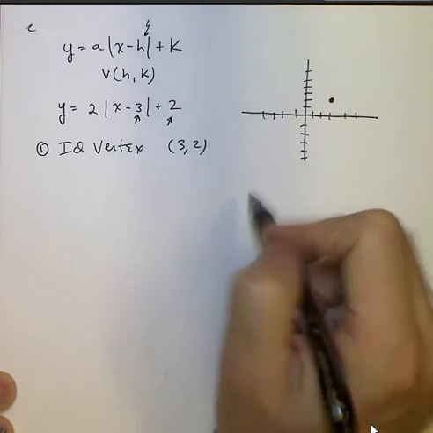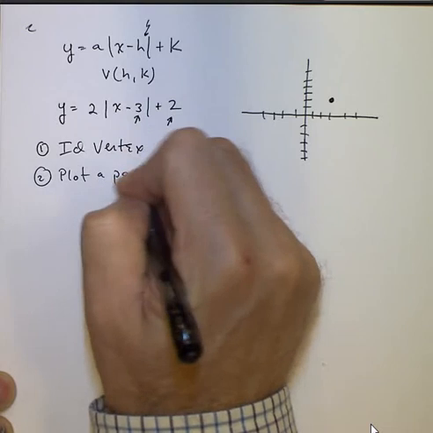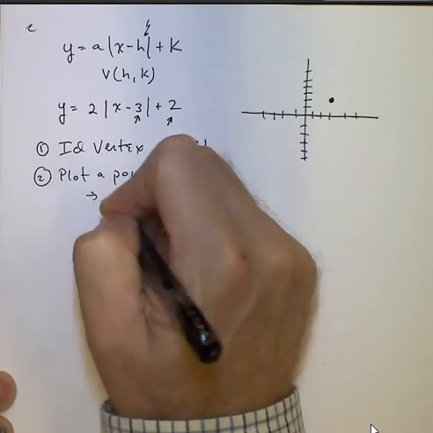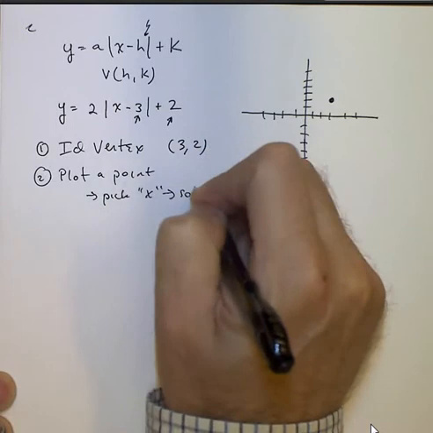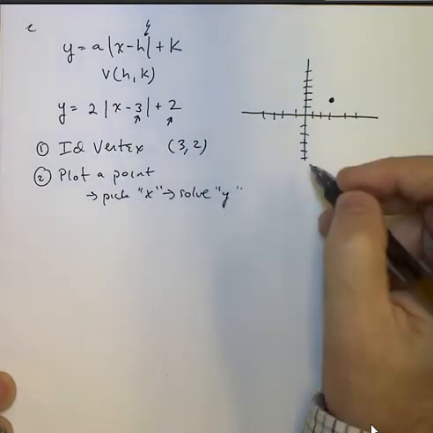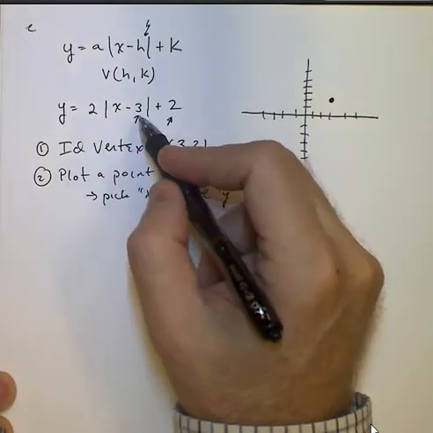The second step is we're going to plot a point. And the way we plot a point is we pick x and we solve for y. You pick any x value you want, your favorite number, it doesn't matter, and you plug it back into the original equation.